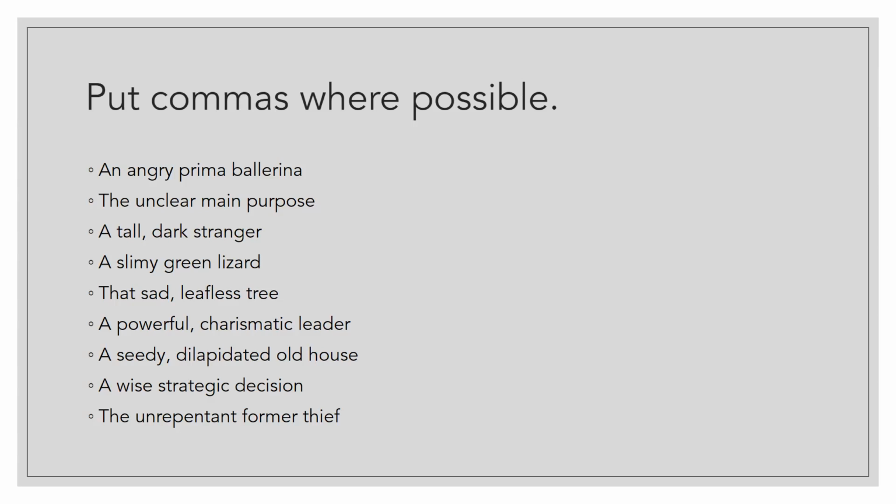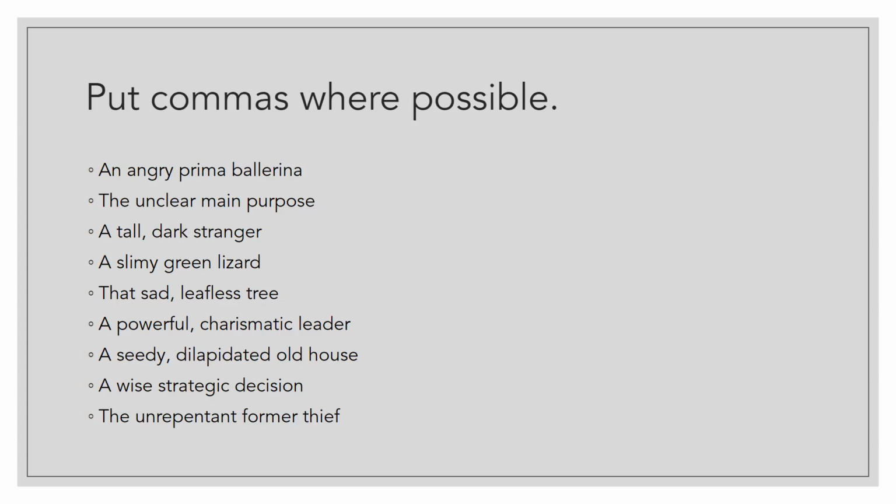Whereas in the third sentence, tall and dark are both describing the physical appearance of the stranger. So we might put a comma there. Slimy green, maybe. We could put a comma there, but maybe not, right? Slimy is more like the texture of the lizard, whereas green is just the color.